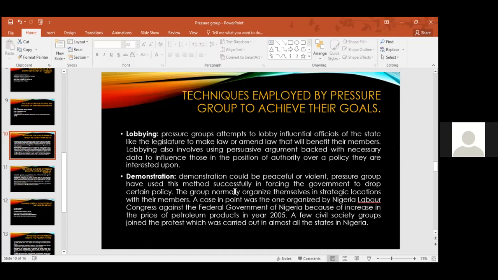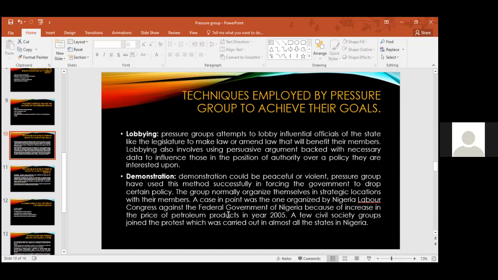It's just that in recent times, lobbying has been attributed to bribery and corruption. But naturally, lobbying is about convincing people in power to make decisions that will favor a particular group of people. For example, what I wrote here, pressure groups attempt to lobby influential officials of the state, like the legislature, to make laws or amend laws that will benefit its members.